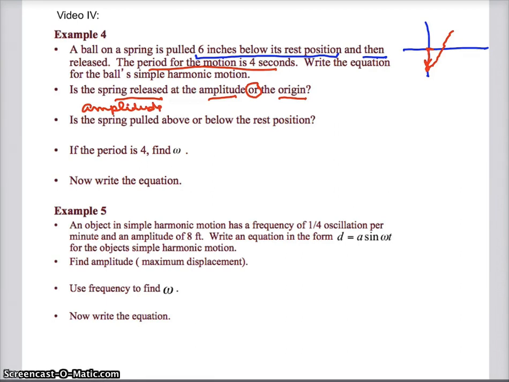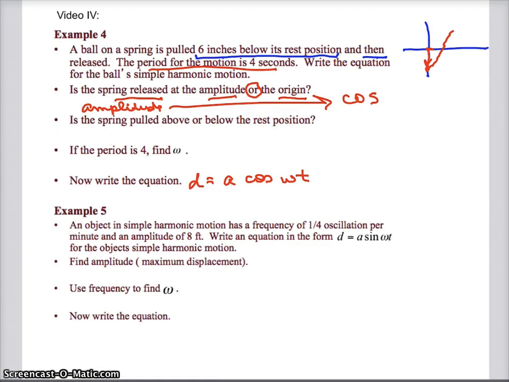You know that this is either a sine or a cosine function. You know that cosine always begins at the amplitude and sine begins at the origin. So this tells you that this is a cosine function. So far we have d equals a times the cosine of omega t.